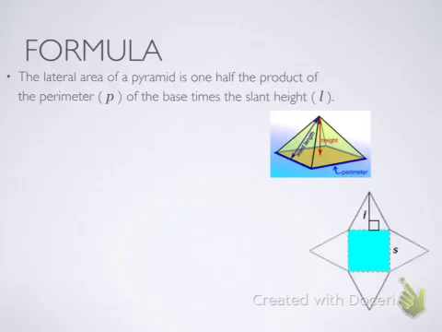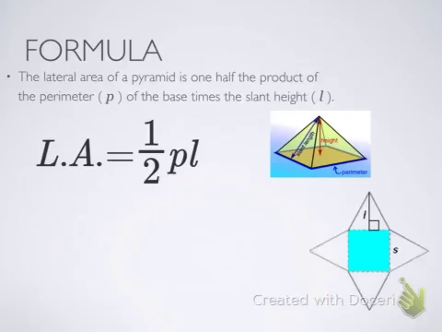We're still going to do perimeter, but instead of doing just times the height, we're going to do 1/2 of the height, because if you're familiar with the formula of a triangle, it's 1/2 base times height. A triangle's half of a rectangle. So our formula looks like this.